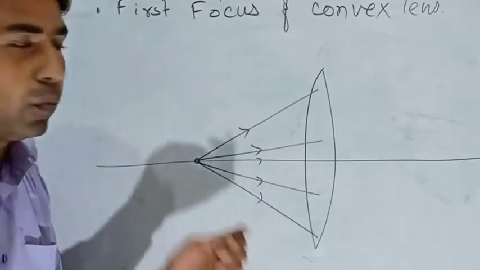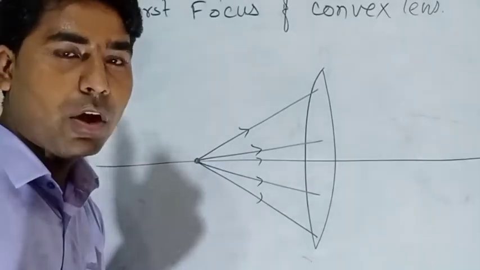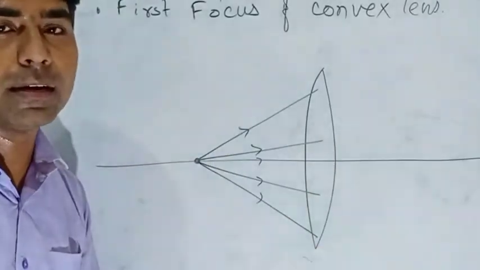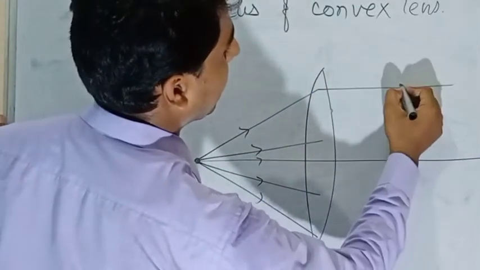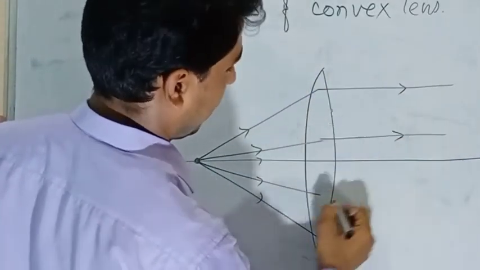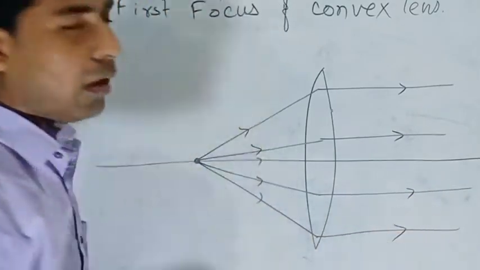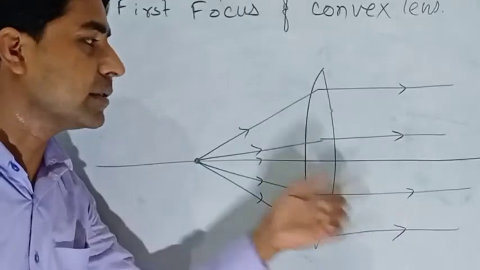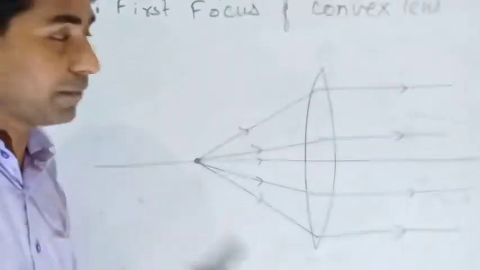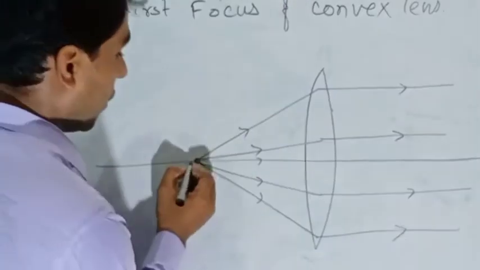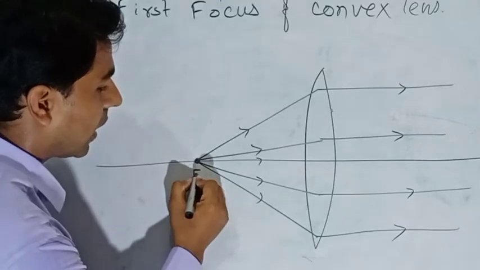This is some point, I don't know which point it is, but after refraction all the rays must be parallel to the principal axis. So here it is. All the rays are parallel to the principal axis after refraction. Who is doing the refraction? This lens. So what is this point called? This point will be the focus.